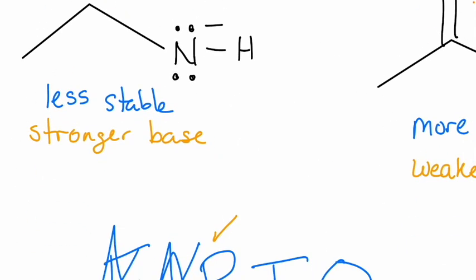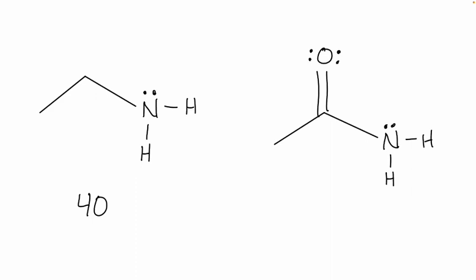All right, so this conjugate acid is 40. This conjugate acid has a pKa of 16. Okay, so which one is the stronger acid? Right, the lower number, the stronger acid.